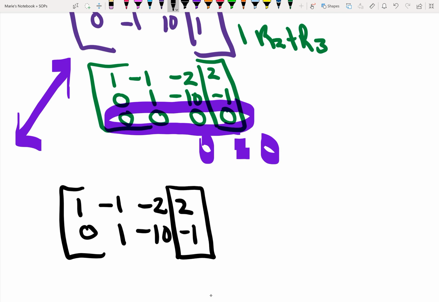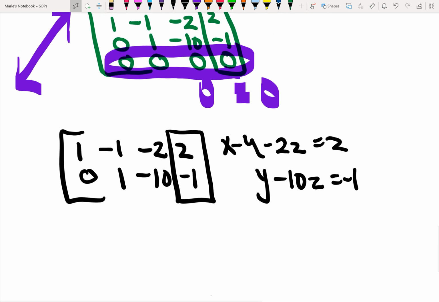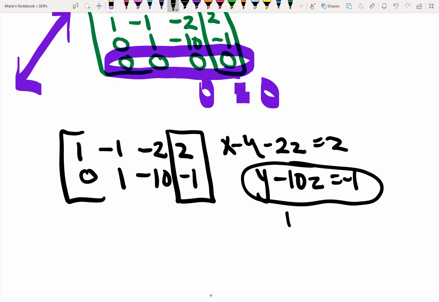Okay. And so that means that I have x minus y minus 2z equal to 2. And I do have y minus 10z equal to negative 1. So that means that I can technically solve for this easily, where y is equal to negative 1 plus 10z, or I could do positive 10z minus 1.